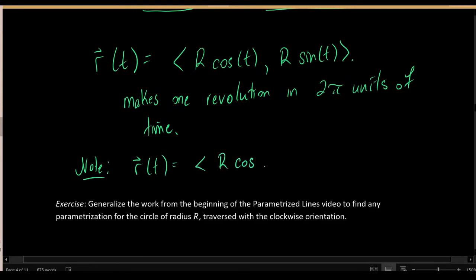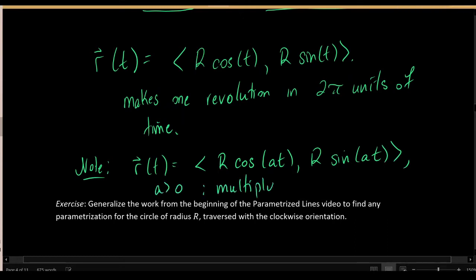So if I had cosine of a times t, sine of a times t, where a is positive, this will just multiply the speed of the motion by a.